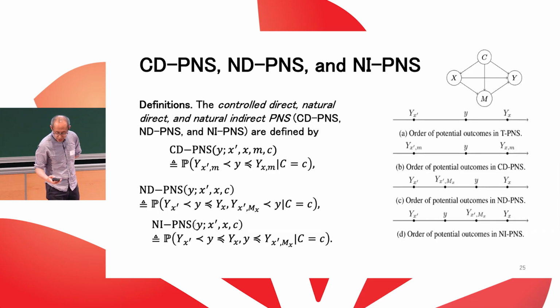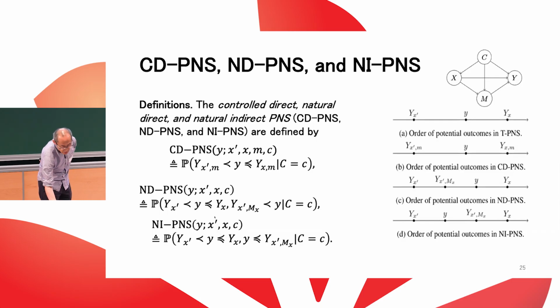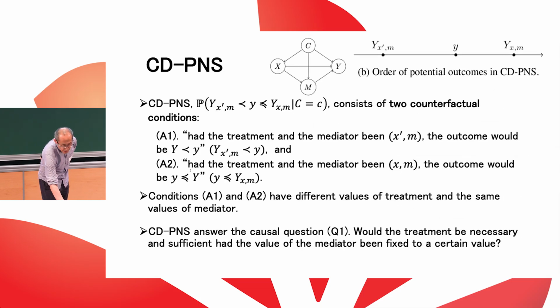Similar to Pearl's original definition, we now define the controlled direct PNS, the natural direct PNS, and the natural indirect PNS. Let's pick one particular example, the controlled direct PNS. This one is a direct extension of the original PNS, where we simply set the mediator M to a fixed value.